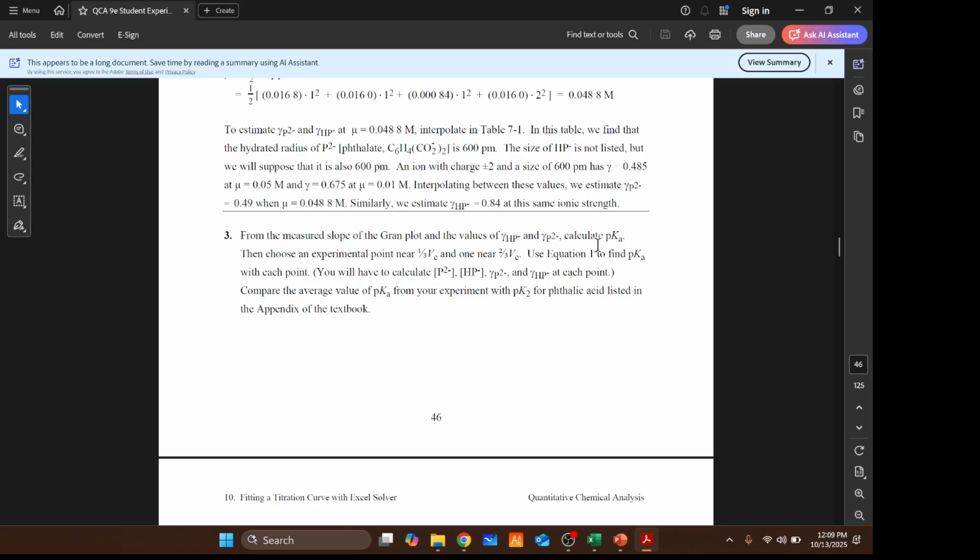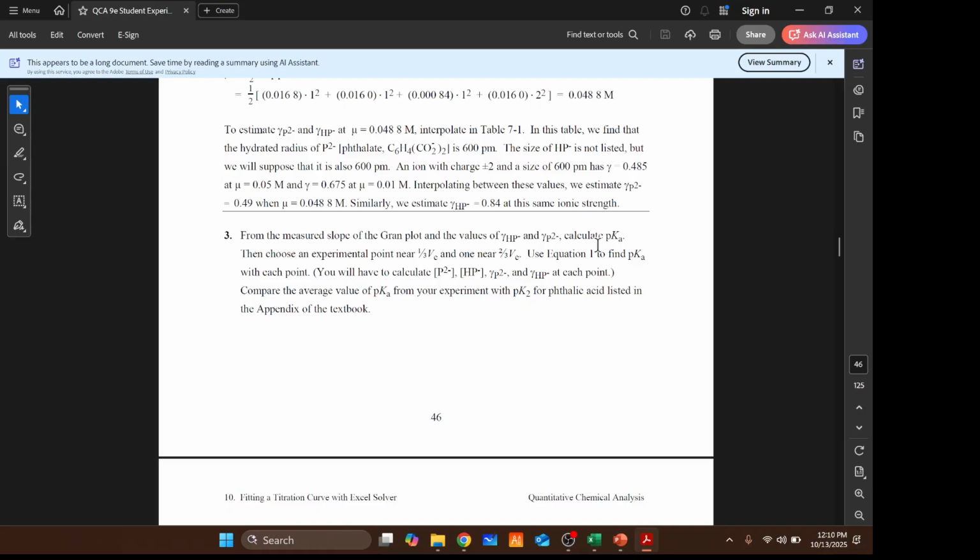How do I get my OH minus value, by the way? 14 minus the pH, 10 to the negative that value, right?